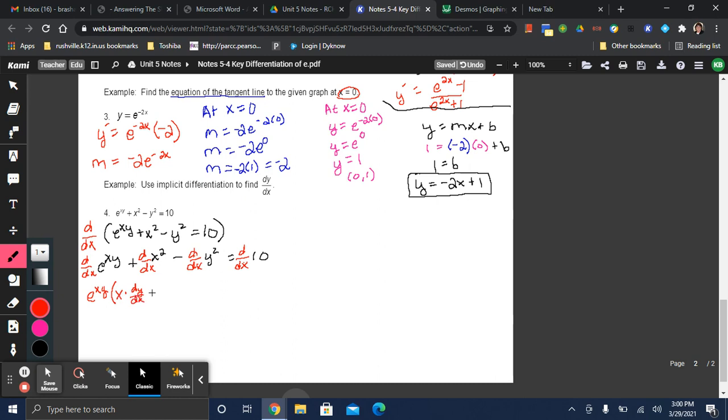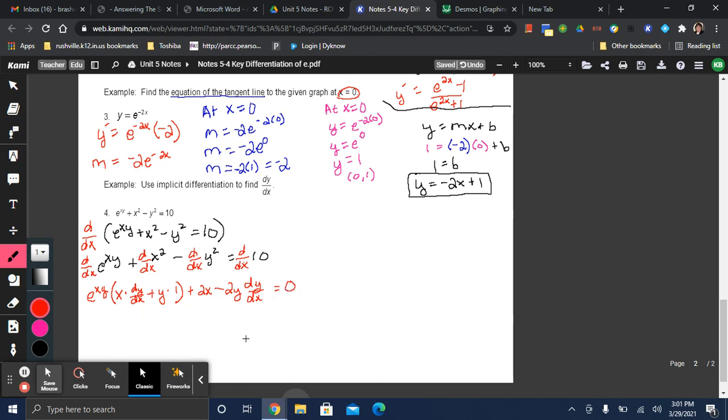So there's first times derivative of second plus second times the derivative of the first, which would be a 1 because that's an x. So there's the e to the xy completed. Plus, and then the derivative of x squared would be 2x. We have minus the derivative of y squared, 2y, but it's a y, so dy dx, equaling, and then this is 0.